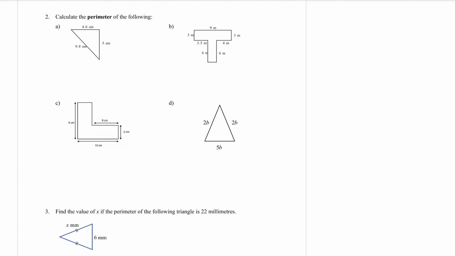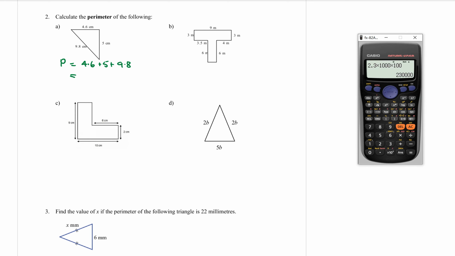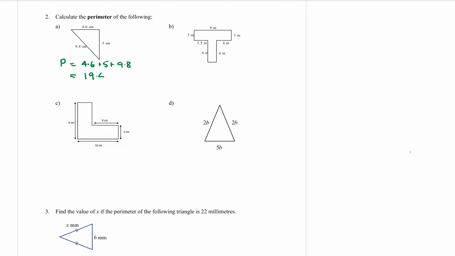So all I need to do to find the perimeter is go P for perimeter is equal to, and add all those numbers together. 4.6 plus 5 plus 9.8. Okay, so on the calculator, 4.6 plus 5 plus 9.8 is 19.4, and the units are centimeters.